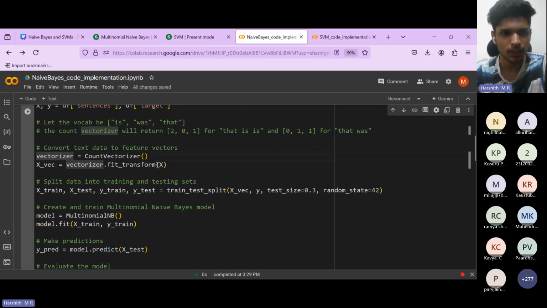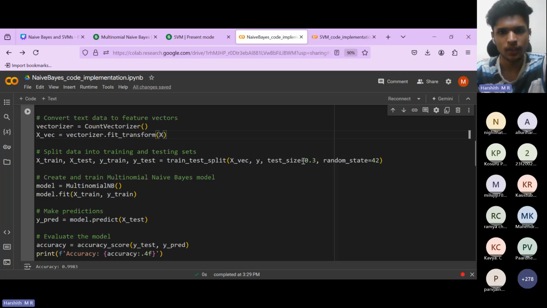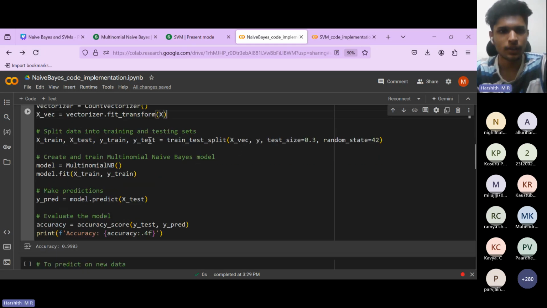So we'll vectorize the sentences, and we'll do train test splitting. I have kept test size as 0.3. That means 30% of the whole data set would be allocated for testing. And we define the model, fit our training samples into the model.